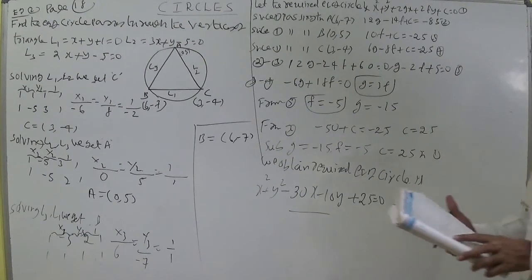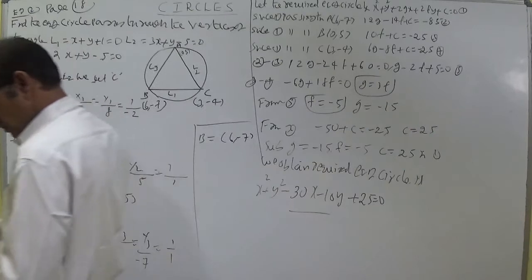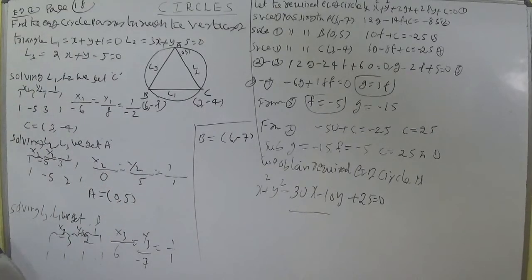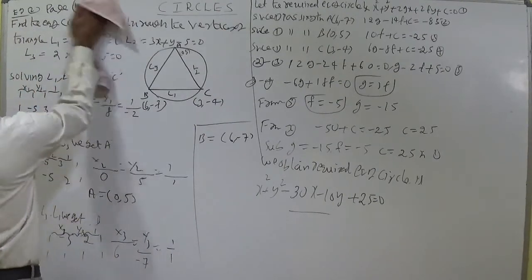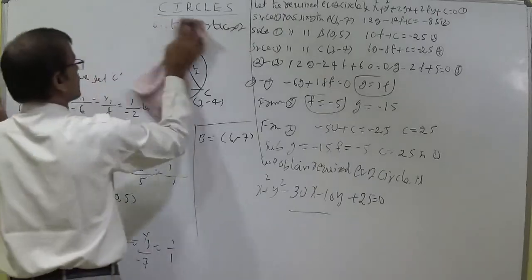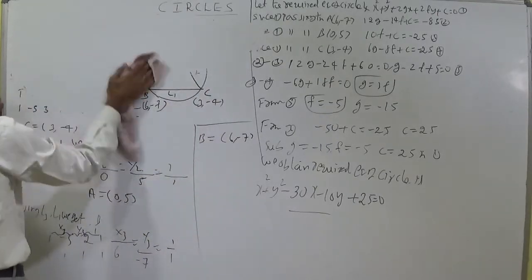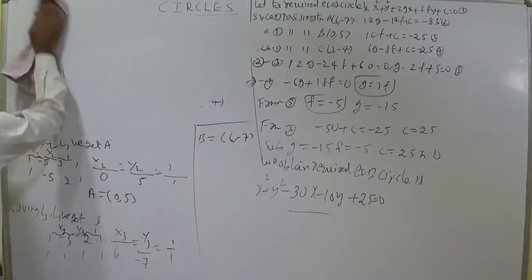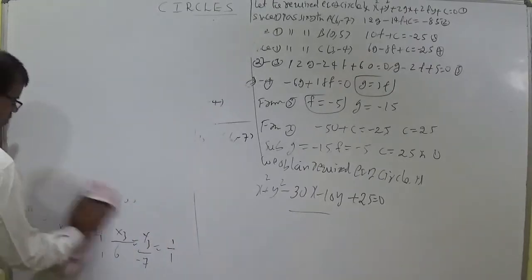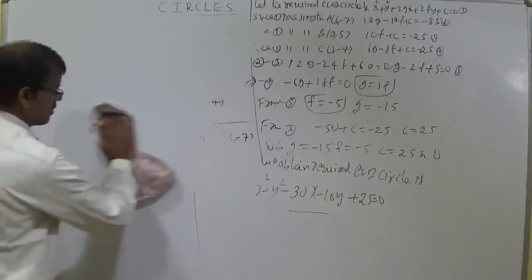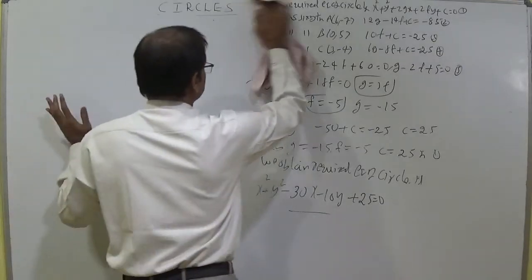Okay. Now let us discuss about the parametric points of the circle, which are useful for exercise 1A. I am handling the sums and theory of exercise 1A concept, the last concept belonging to exercise 1A.